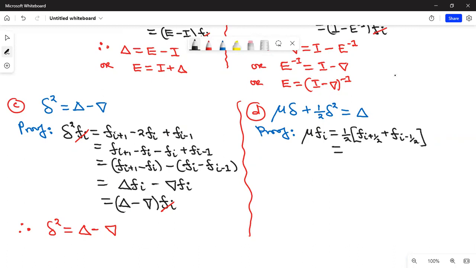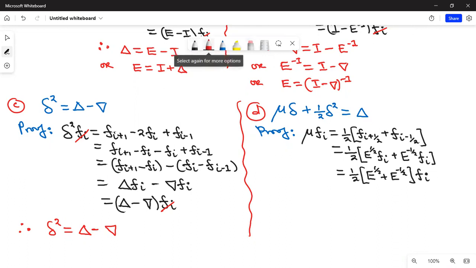And so in terms of the shift operator, this is the same as writing 1/2 times the shift raised to 1/2 of Fi plus the shift raised to negative 1/2 of Fi, of which this can as well be written as 1/2 times the shift raised to 1/2 plus the shift raised to negative 1/2 operating on Fi, because Fi is common.